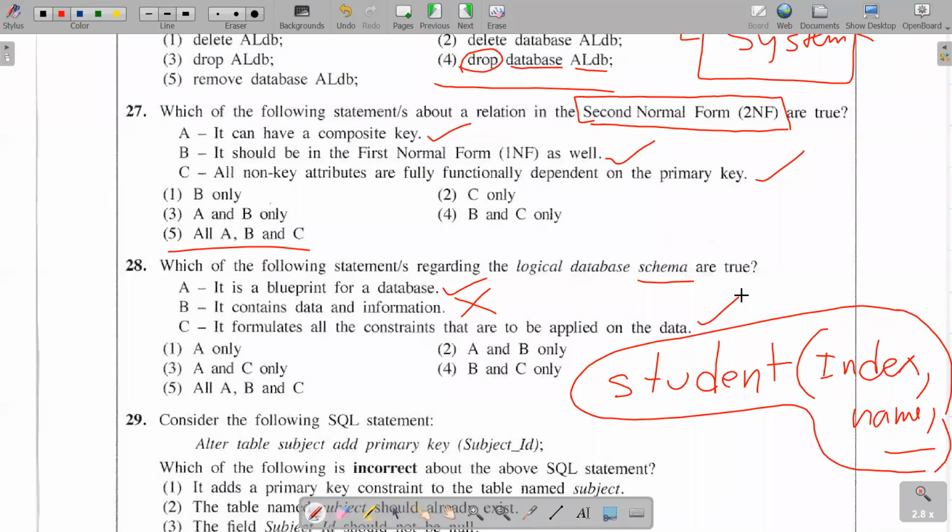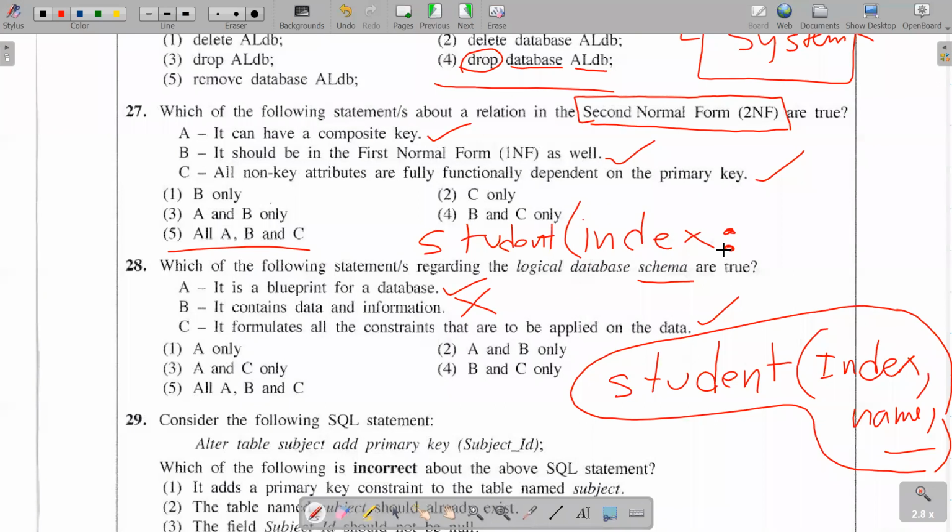This is a simple schema that we are writing, but you can remember in the note I have given you, there is a specific way of writing a schema. You have to write the attribute name. As an example, if you take student as a table, you can say index, then by keeping a colon, you say what kind of data type you are going to use.